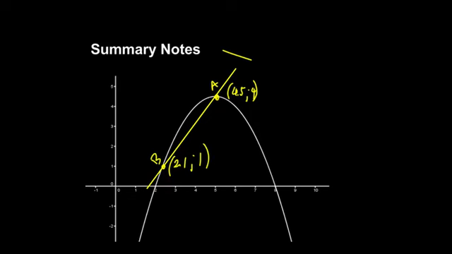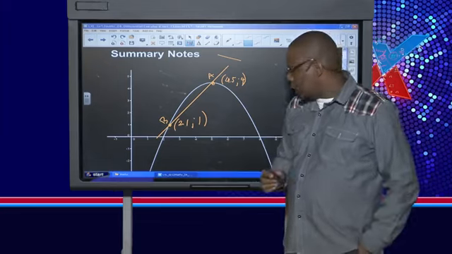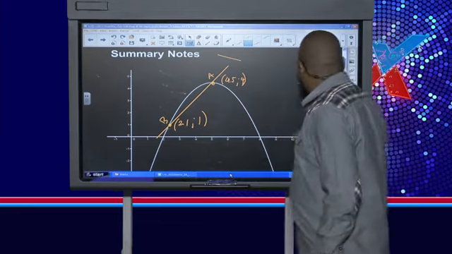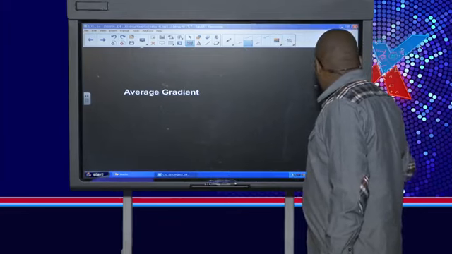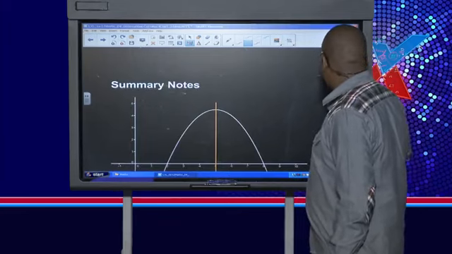You can work out your average gradient between those 2 points the same way you've been doing in grade 8 and 9, that is change in y over change in x. We'll come across these words as we continue with our calculus.